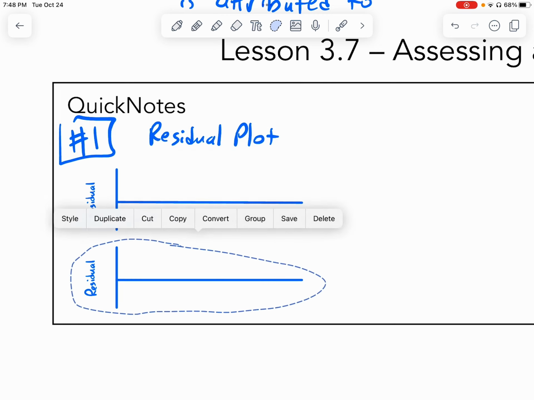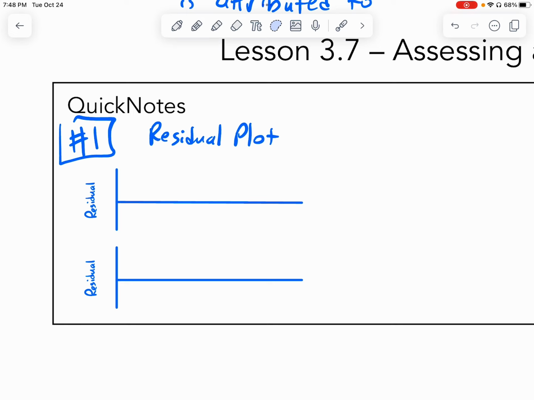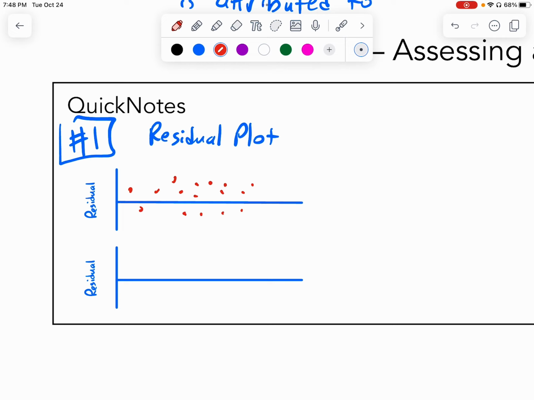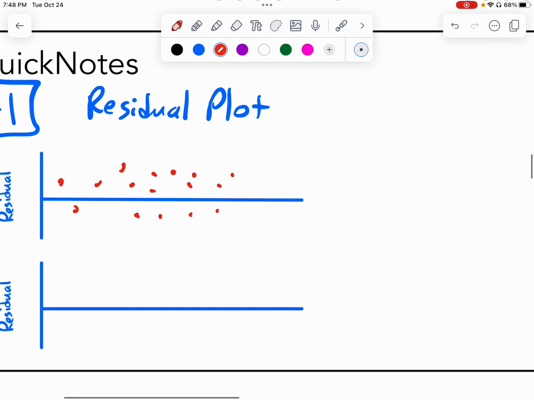If you have a residual plot that is a good model, you're just going to have scattered dots in a random pattern, like some here, maybe here. This is a good model.